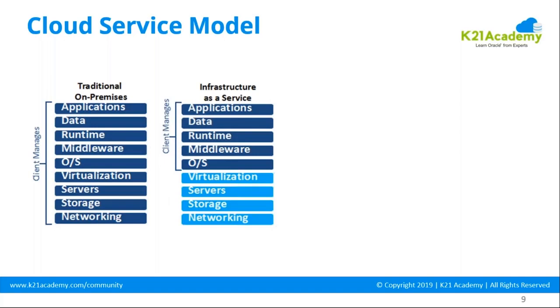But on the other hand, in the case of a cloud, you have to deal with models like infrastructure as a service. Infrastructure as a service would allow you to automate the entire pieces, right from virtualization, server storage, and networking, wherein you don't bother about how these are being provisioned or patched or how these are being handled or managed, all from manageability and from a usability perspective, which means that with a click of a button, you are able to get a hardware which has virtualization enabled, which has storage enabled, which has networking enabled.